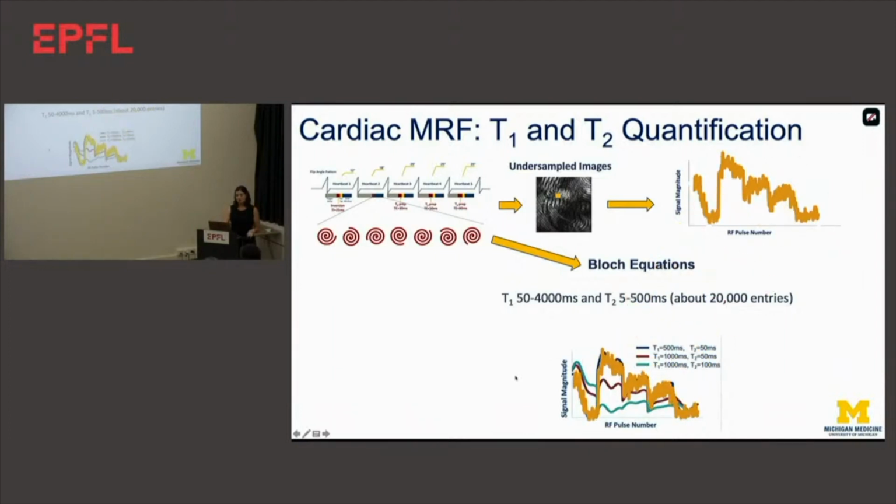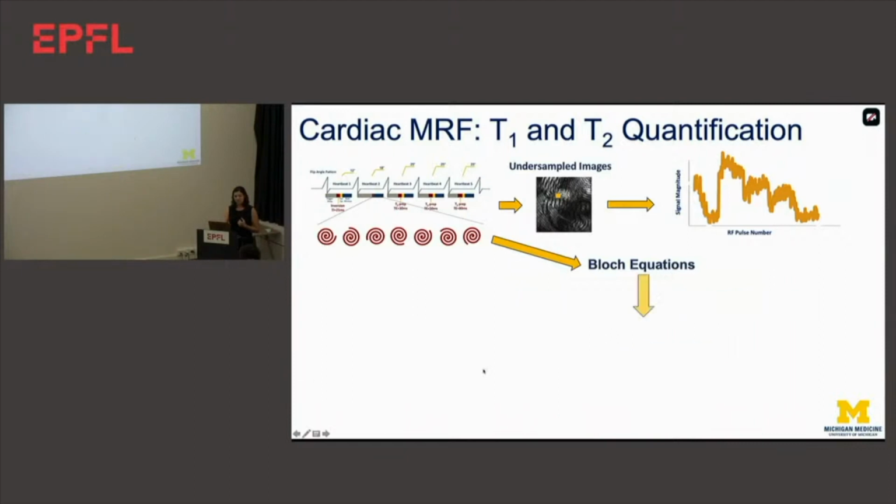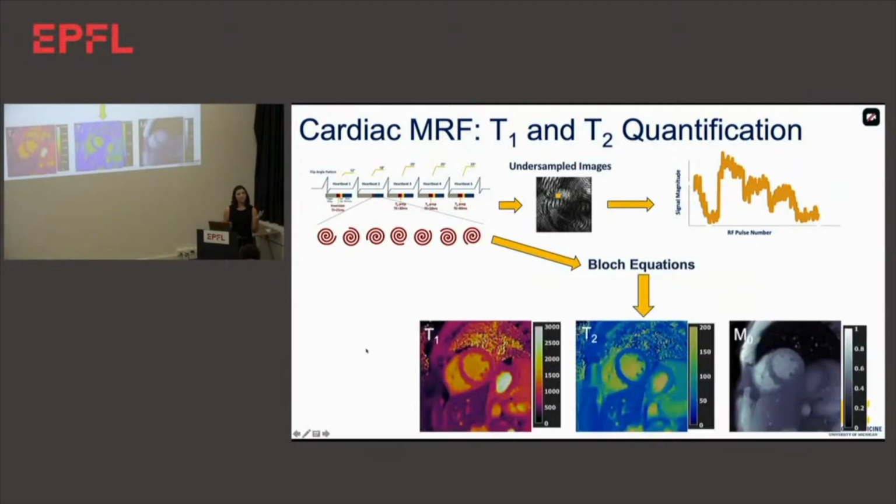I know the tissue properties that I put in to make my dictionary, and once I find the best signal in my dictionary that matches, then I know the T1 and T2 that must have been in that pixel that generated that signal. So I do that for all my pixels, and I end up with these really nice T1 and T2 maps pretty quickly, something that works fairly nicely to get these simultaneous measurements.